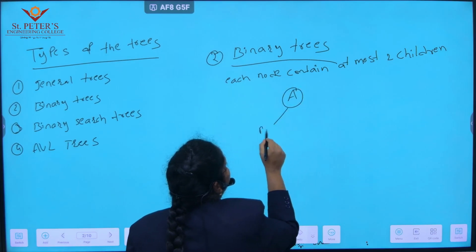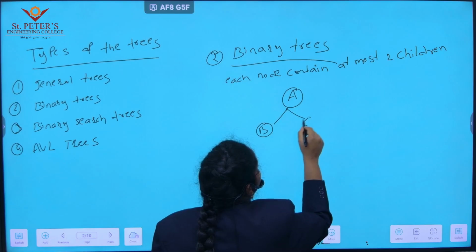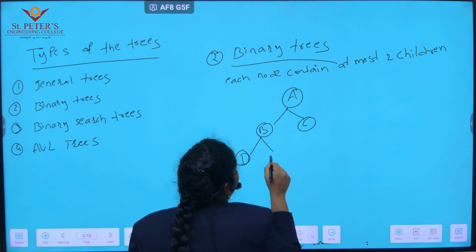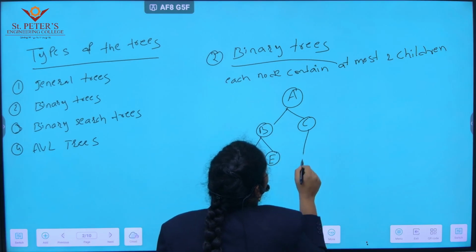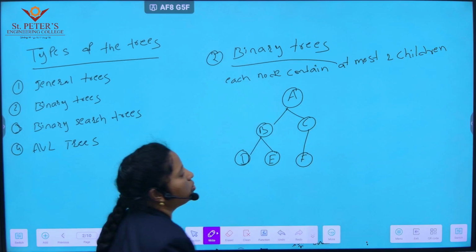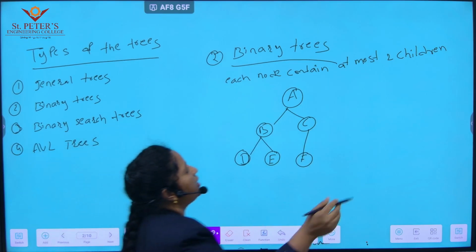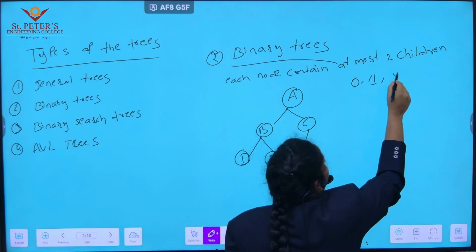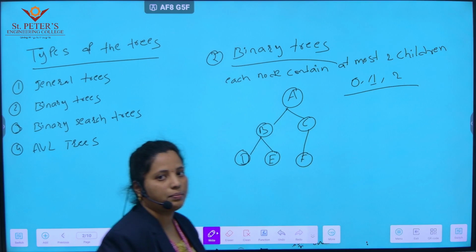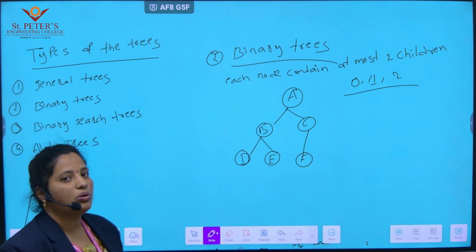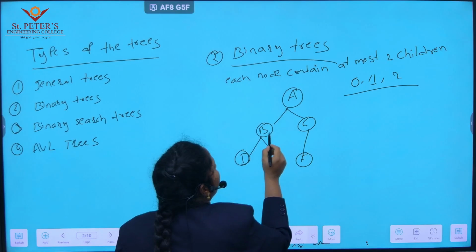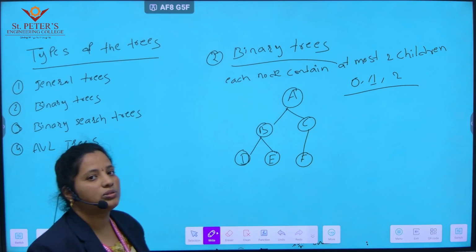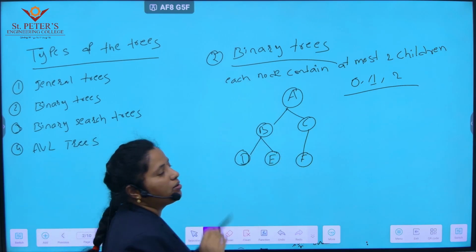For example, A, B, C and D, E, F. At most two children means a node may contain 0, 1 or 2 children, but not more than 2 nodes. So here A has 2 child nodes, B has D and E as 2 child nodes, and C has 1 child node.